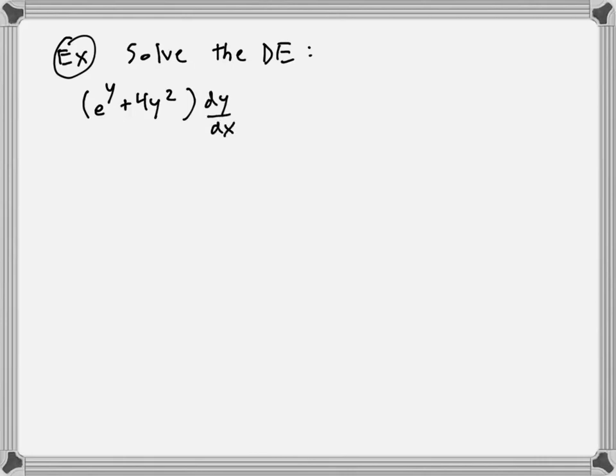For this example, I want us to solve the differential equation: e to the y plus 4y squared times dy dx is equal to 9x e to the x.